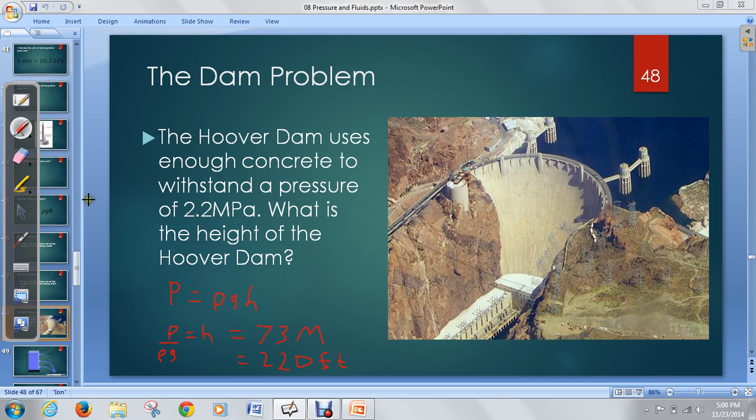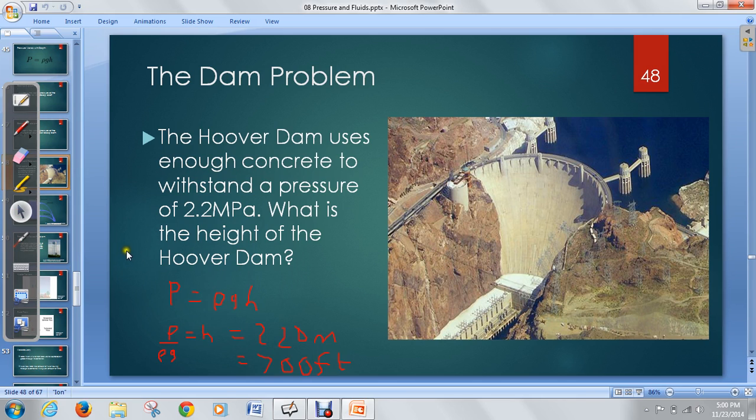Yes, sorry, I'm mistaken. It is about 220 meters, which is about 700 feet. So Hoover Dam is pretty tall, but you can actually calculate that using this pressure equation. So that's pretty cool that we can use such a simple equation to figure out the height of the Hoover Dam. Really a powerful, really useful equation.